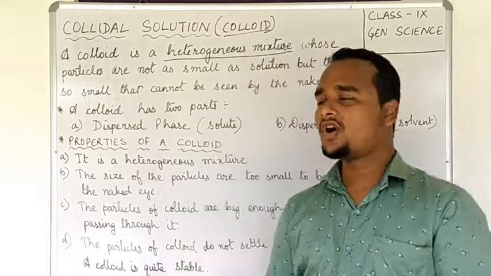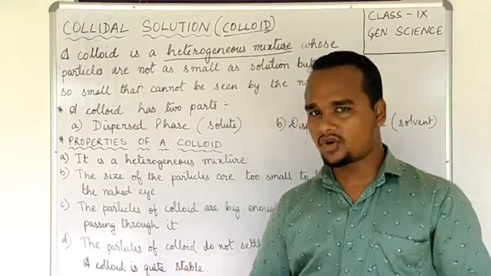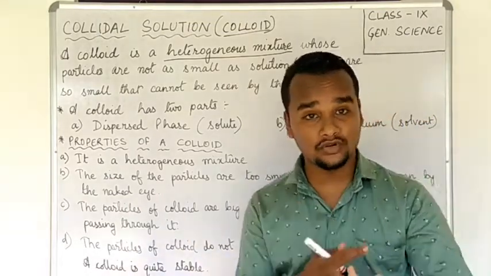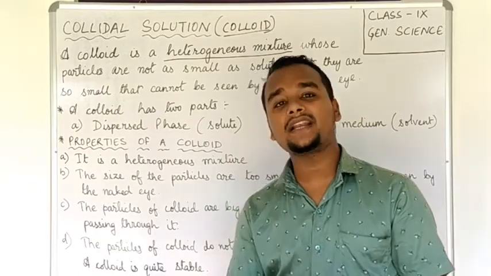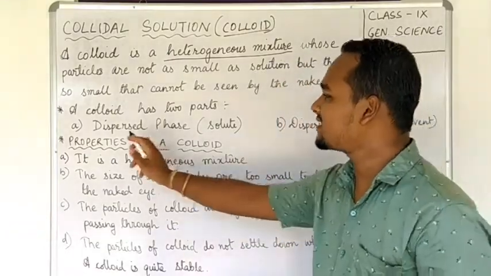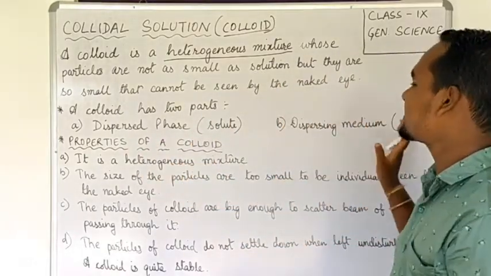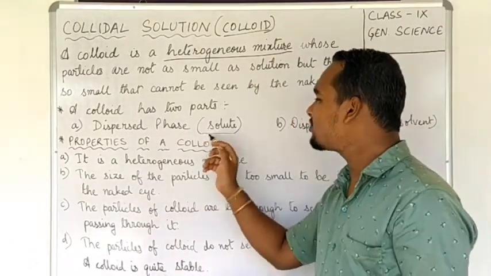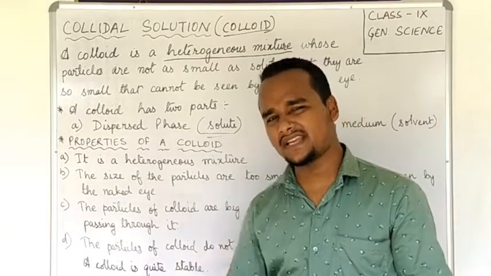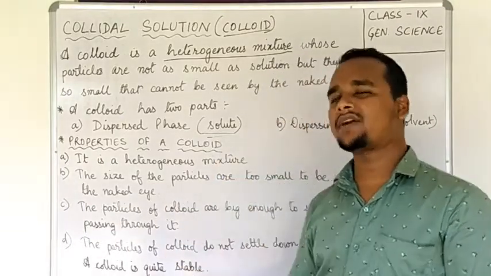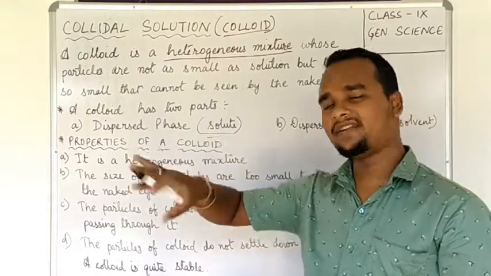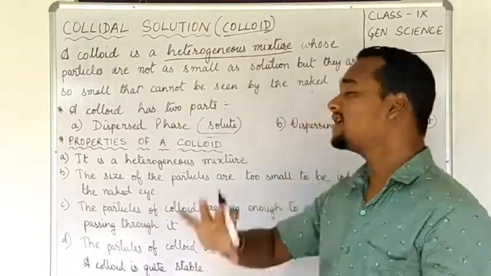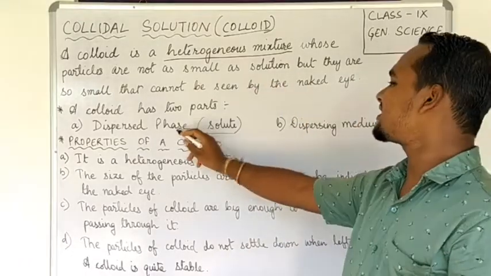Clear? So next, a colloid consists of two components. Just like a solution has two components, solute and solvent, a colloid also has two components: a dispersed phase and a dispersing medium. Which one is the dispersed phase and which is the dispersing medium? The solute-like component, which you have studied in solution, has a different name in a colloid. It is called the dispersed phase.